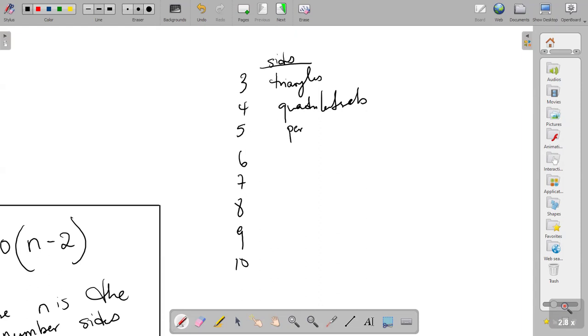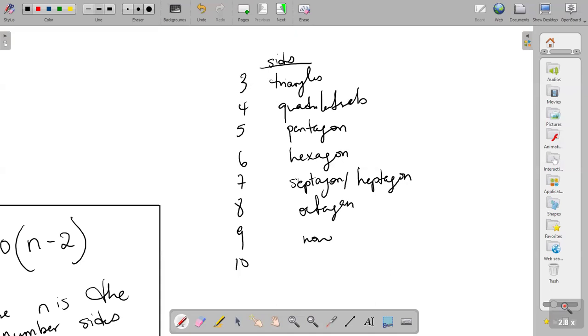5 is pentagon. 6 is hexagon. 7 has two names: either septagon or heptagon. 8 is octagon. 9 is nonagon. 10 is decagon.